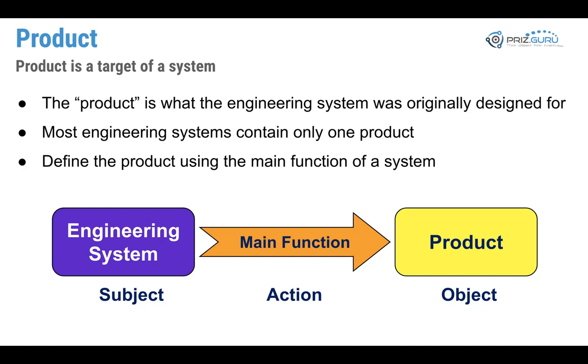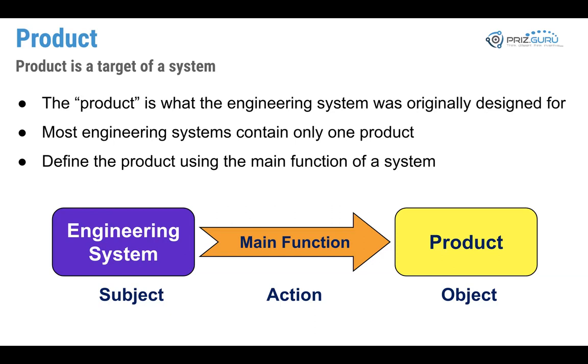Now, most engineering systems, and in fact, Alex, sorry for the interruption. So product is not a part of the system? No, product is what the system is built to change the parameter of. So, for example, if we go back to the example of a car and a human being, we'll talk about the function itself. Function is something that happens when an engineering system or a component, for that matter, changes a parameter of a product, right?